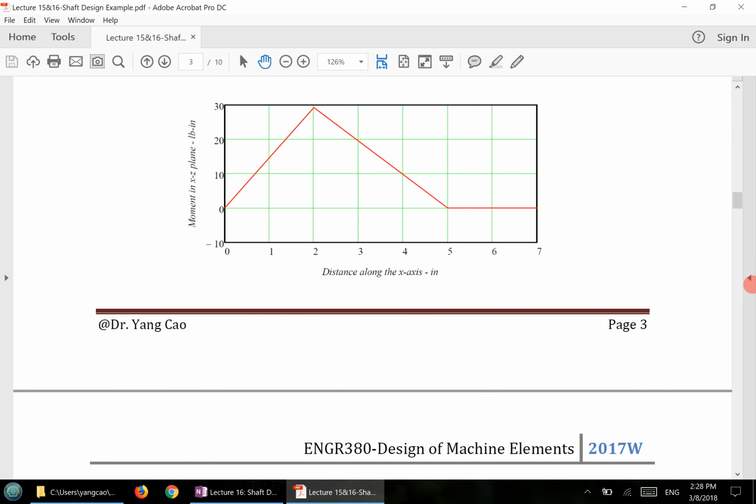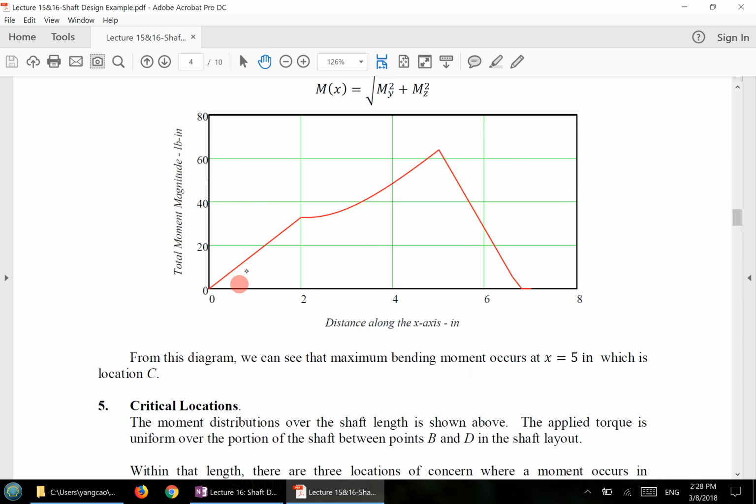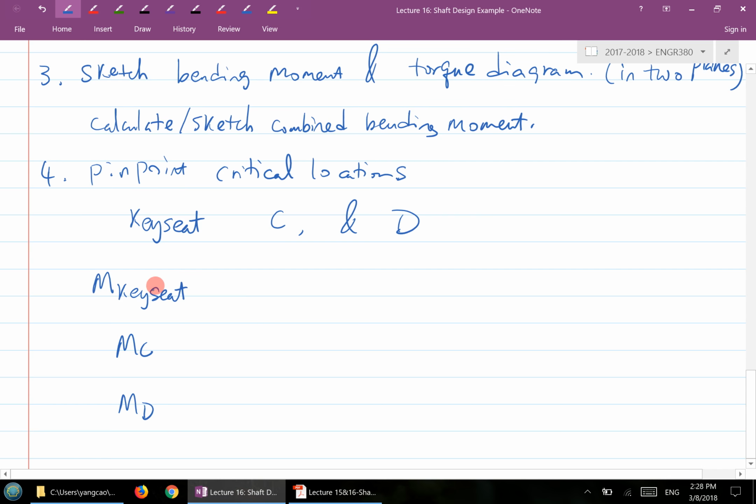In my lecture notes, that example shows you the combined one, but you don't necessarily have to draw this out. If you're only interested in these three locations, you can hand calculate just for the three locations.